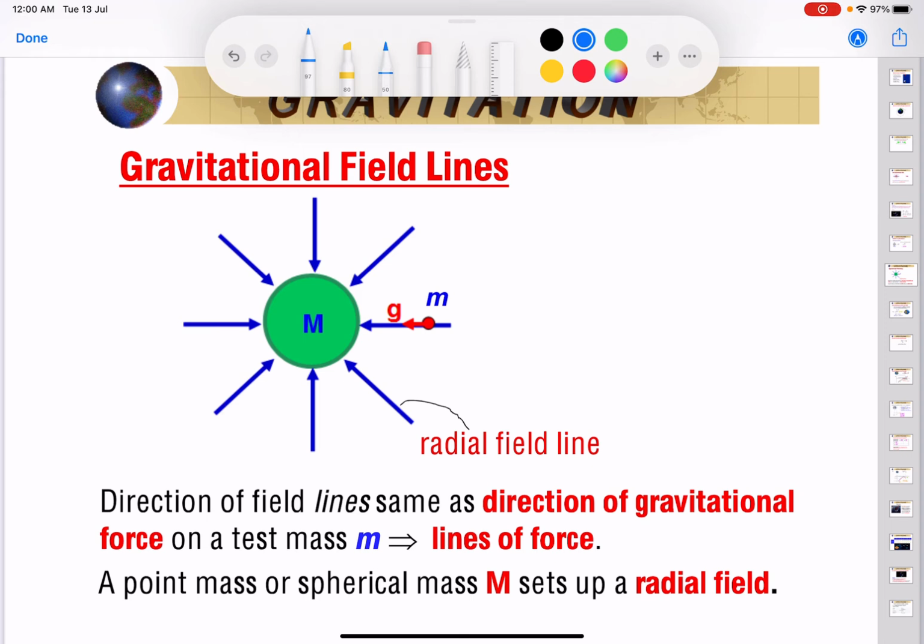So a point mass or a spherical mass of big M sets up a radial field. As you can see, the arrows point towards the center of capital M, and that indicates the direction of the force on a small test mass, m.